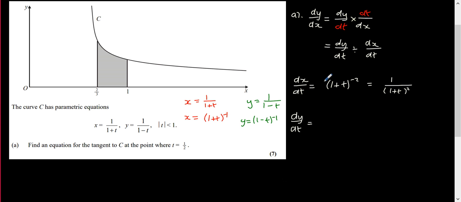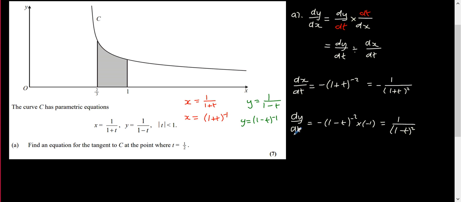There is a minus there because it's dx by dt. And then dy by dt, we just differentiate here. So we get minus multiplied, so we've got minus 1 minus t to the minus 2, and then multiplied by the minus 1, which is what we get when we differentiate the bracket, which is just going to be 1 over 1 minus t squared.